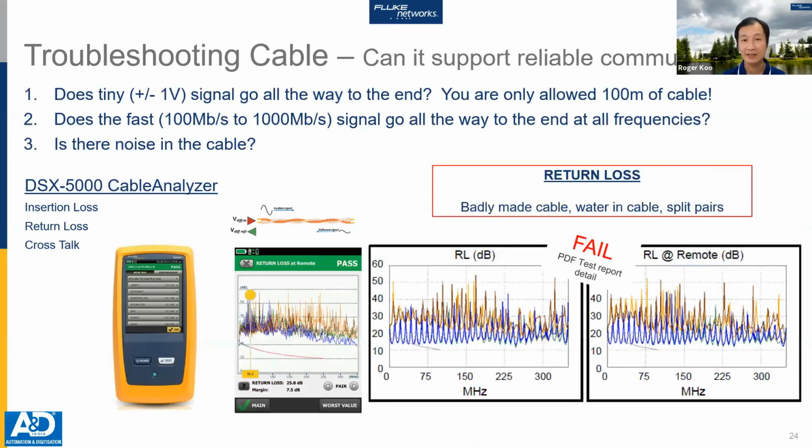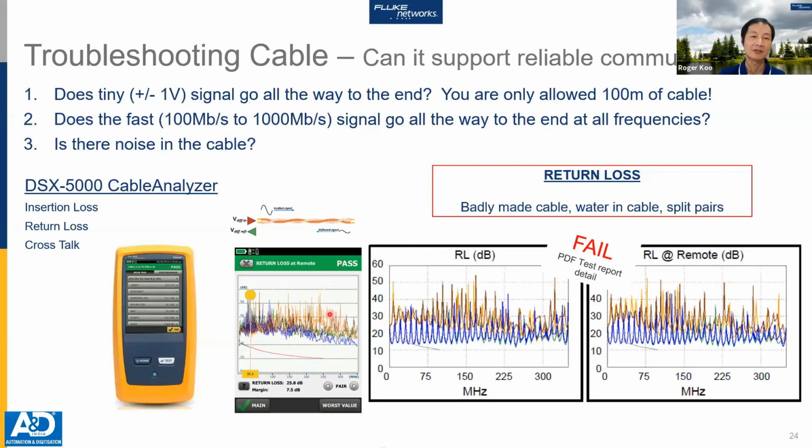The next parameter that we are looking at is return loss. Well, by the word itself, return loss. On the same wire pair, how much of the signal is coming back to itself as noise? If you look at the diagram here, the tester shows a limit line denoted by a smooth red line at the bottom, and you see a number of wavy lines at the top.